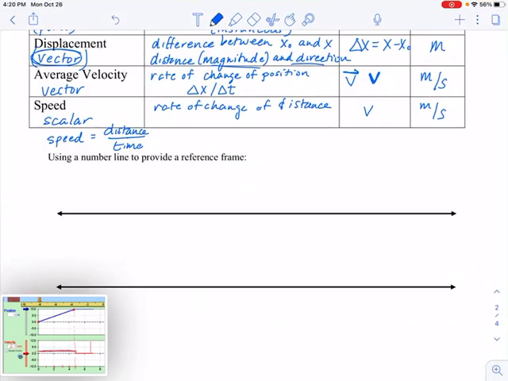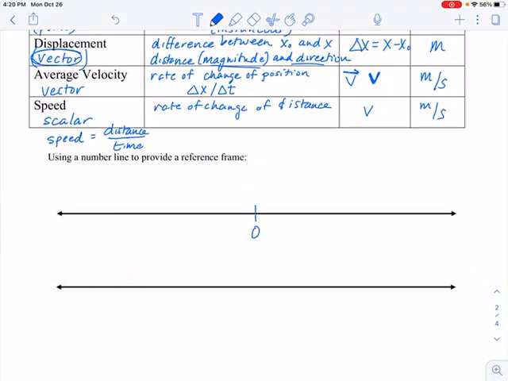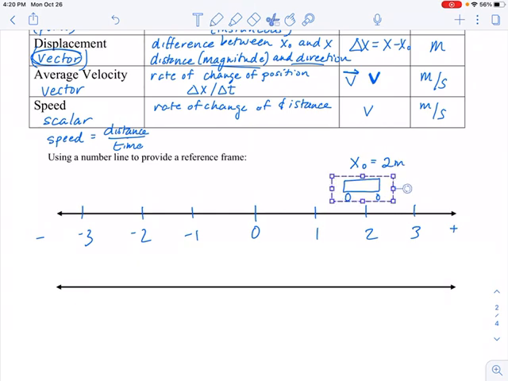Okay, so if I wanted to indicate a reference frame in my notes, I could easily draw a number line. Right is positive, left is negative. And I could say, what if I had a car that started with an initial position of 2 meters? And then what would happen if that car moved to the left to a position of -3?